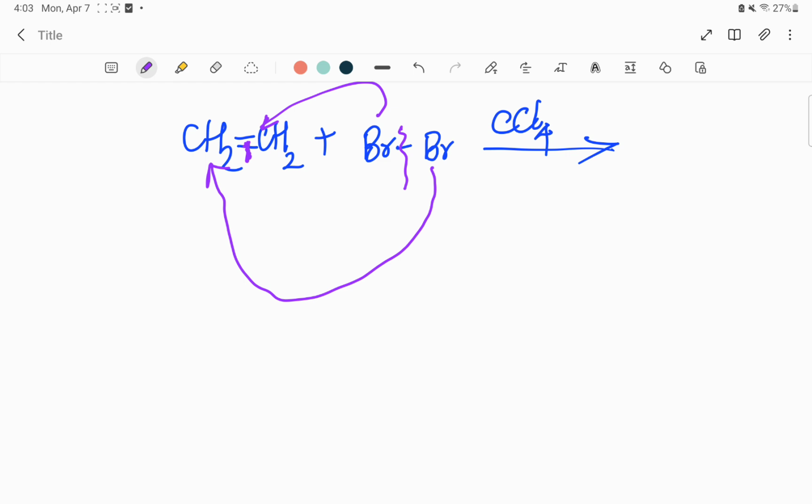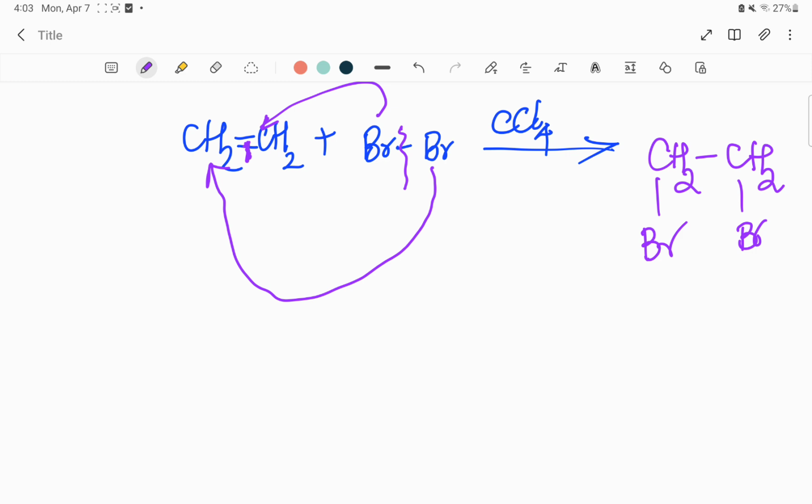So the product formed will be CH2Br-CH2Br. This is a vicinal dihalide. Vicinal dihalide means a compound in which two halogen atoms are attached to adjacent carbon atoms.